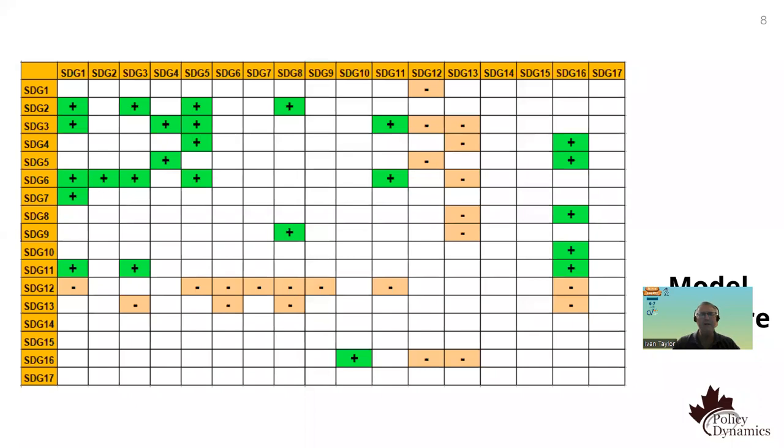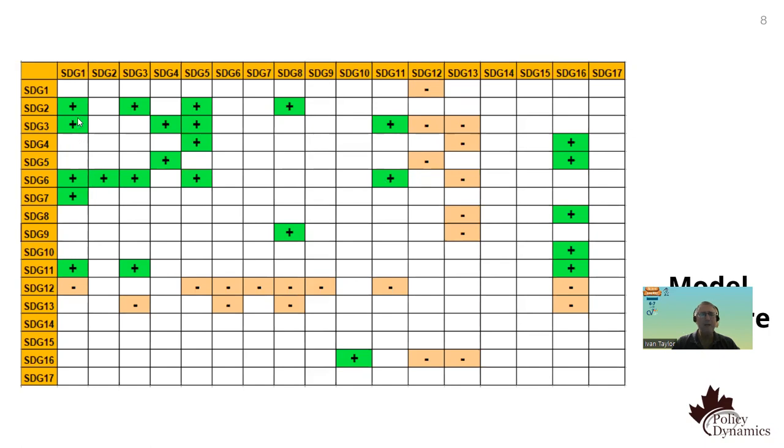So here are the polarities that we developed by looking carefully at the goals and the targets. And here we see that we have 17 SDGs in the rows and 17 SDGs in the columns. And then we have pluses and minuses in some of the squares.